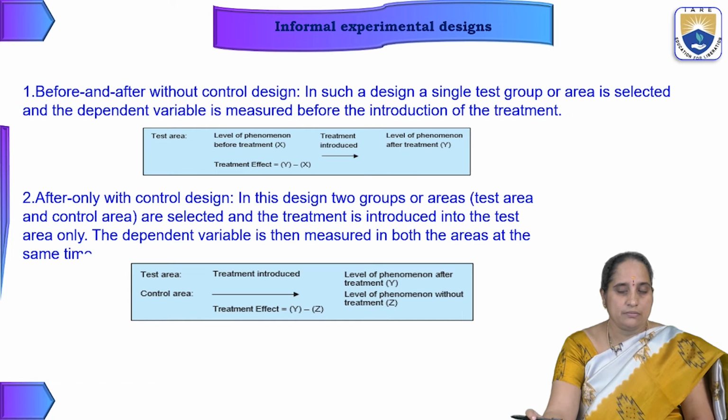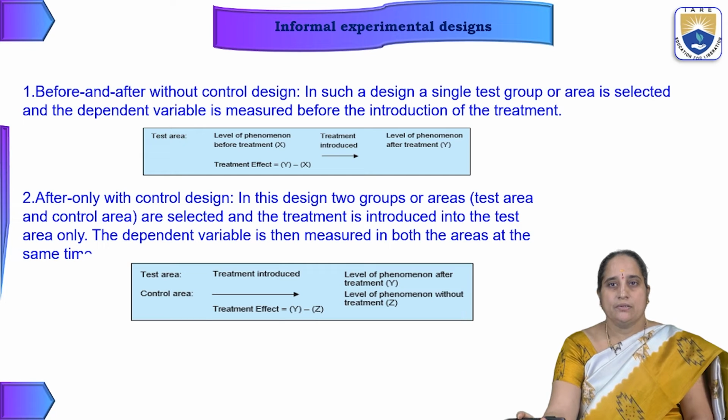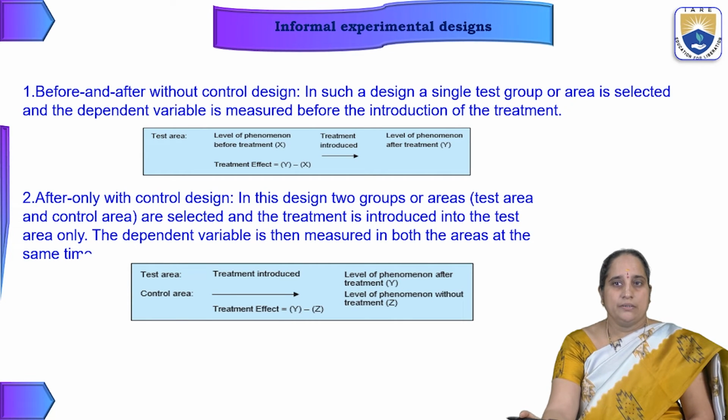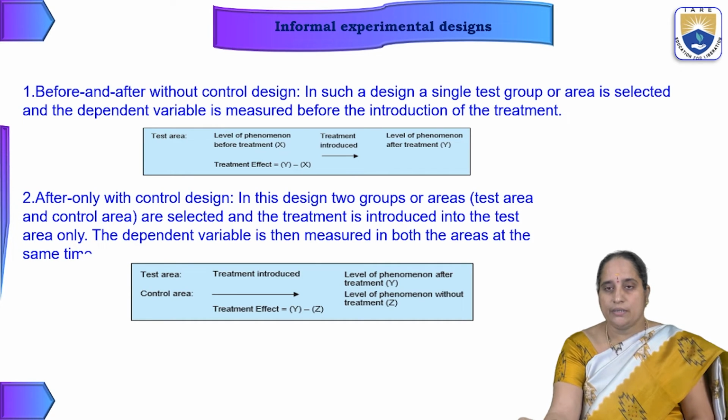Then the second one is after only with control design. In this case, we consider two groups or two areas. Out of these, one is the test area, another one is the control area. Both are selected and the treatment is introduced into the test area only.